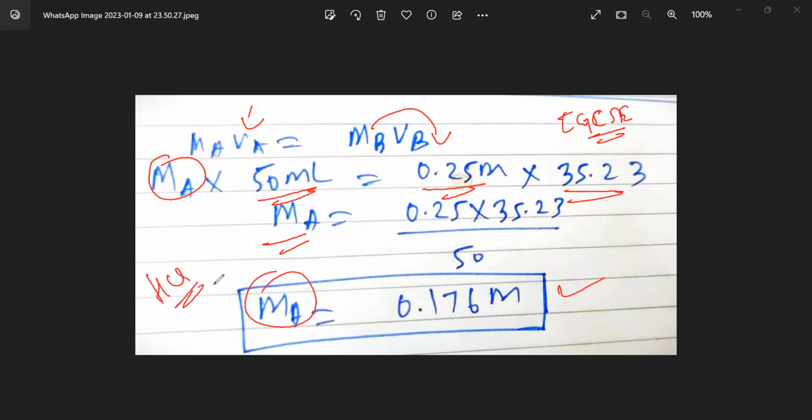They also ask the strength of acid. This molarity is in mole per decimeter cube. This is the unit of molarity, but they want the value in gram per centimeter cube. When they ask for the value in gram per centimeter cube, basically they are asking for the strength of the acid. When you find the weight of that acid, you are basically trying to find out the strength of that acid.